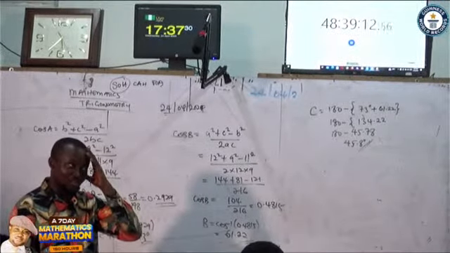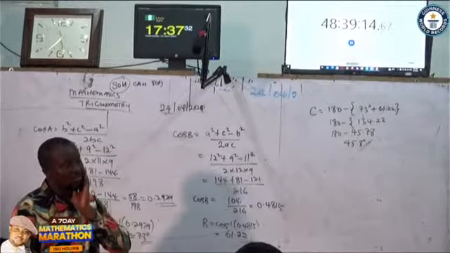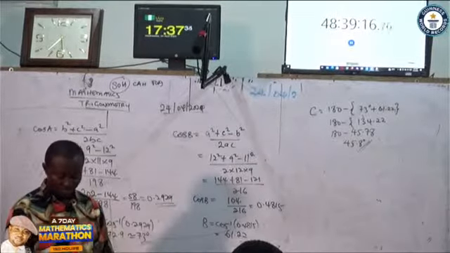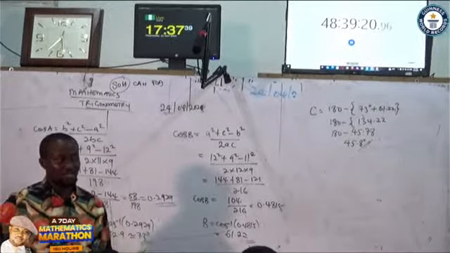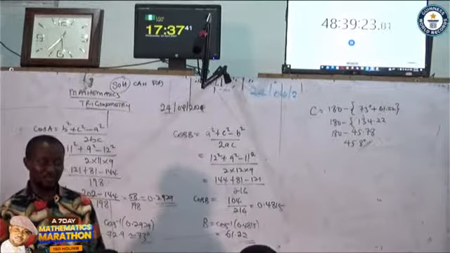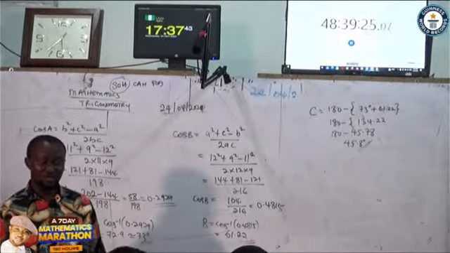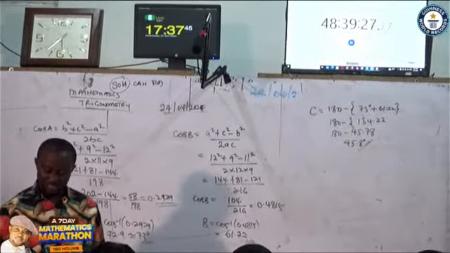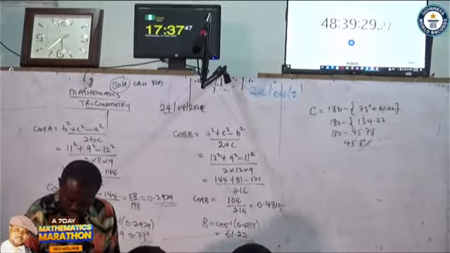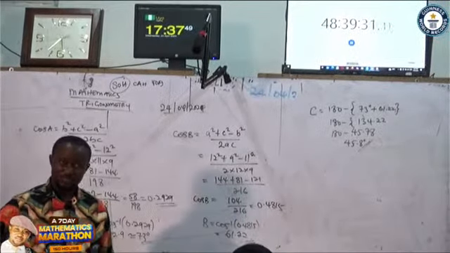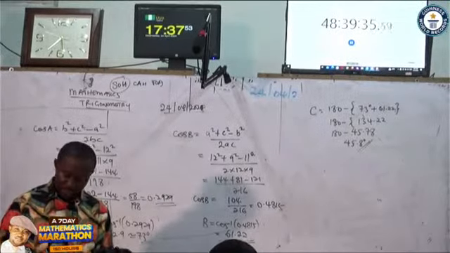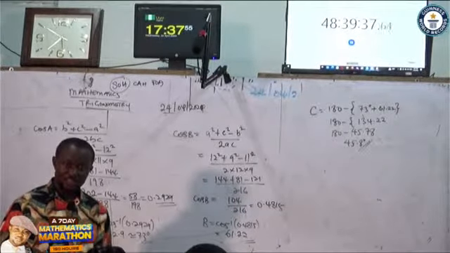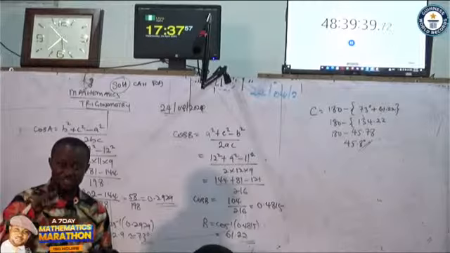Angle of elevation and depression. You see, all those big grammar is just something we've been doing in everyday life. If I'm looking at this duster now, my eyes are straight.